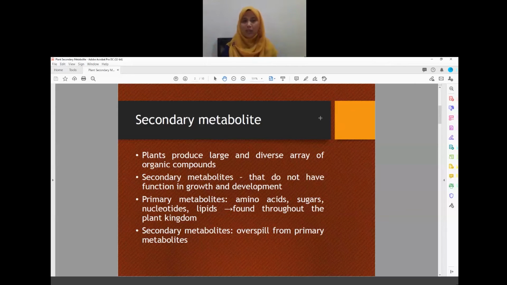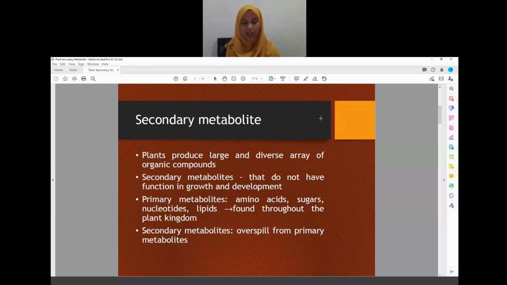Some biochemists call them phytochemicals. Also, in the previous lecture I mentioned terpenoids, essential oils, and so on. Essential oil is one of the secondary metabolites.